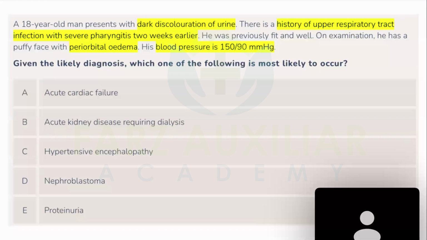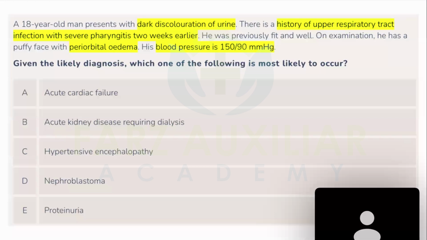For PSGN, post-streptococcal glomerulonephritis, it will be at least 2 weeks, at least 12 to 14 days. For exam purposes, in IgA nephropathy it will be a few days, 2 to 3 days, 4 days, less than 1 week. So less than 1 week versus more than 10 days is the cutoff. Less than 7 days, it is IgA nephropathy. More than 10 days, it is PSGN.